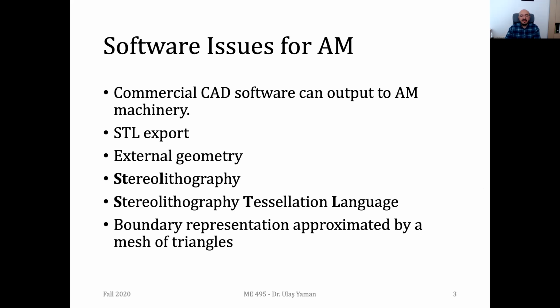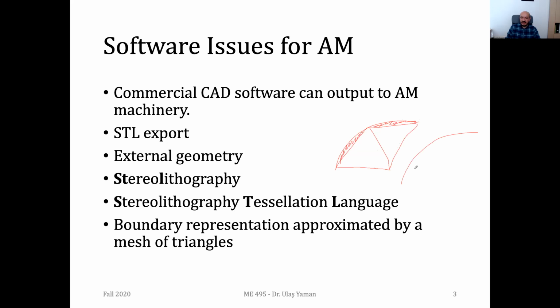Another issue about STL files, as you know, is that since we are trying to represent the surfaces by using triangles, the accuracy is affected. Let's have a look at here, for instance. Once you have such an arc, and if that's the resolution of your triangles, then you see that we have lost information, we have lost accuracy at these regions. So the triangulated version is not as accurate as the original version.